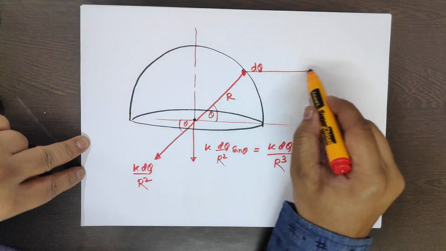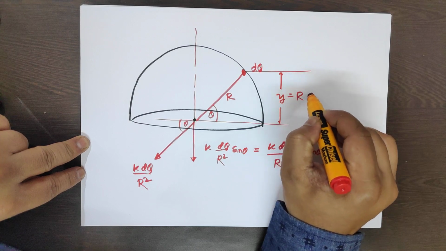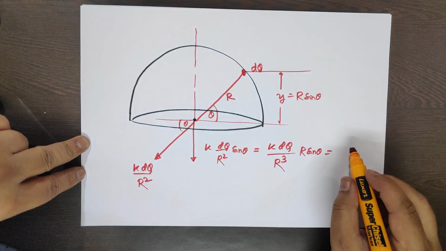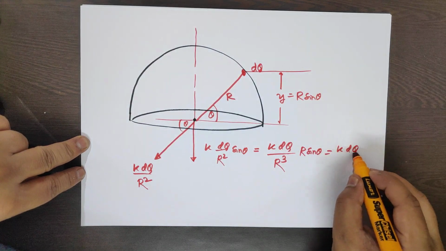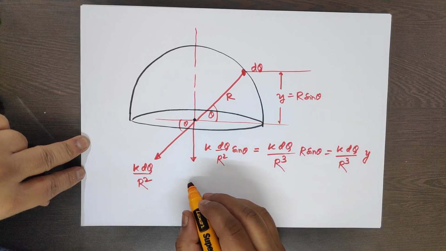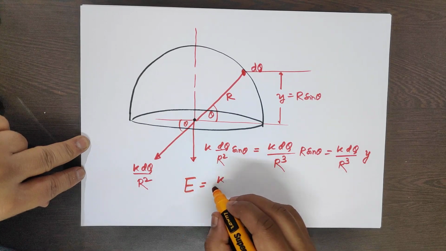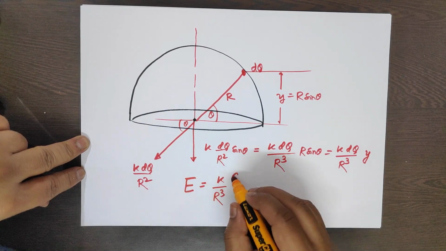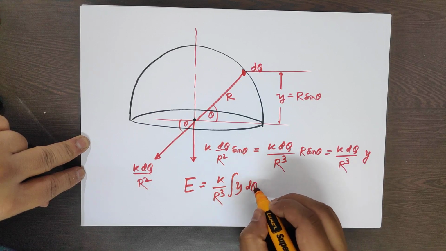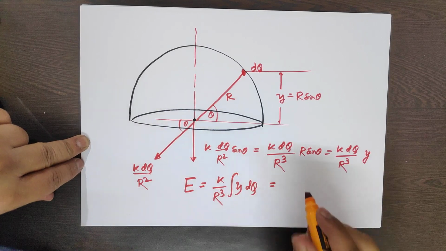Now this r sin theta is nothing but the y coordinate. So k dq by r cube into y. So the total field E equals summation k by r cube, integral y dq.